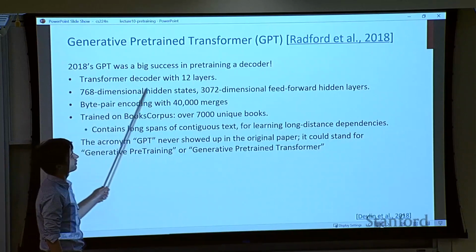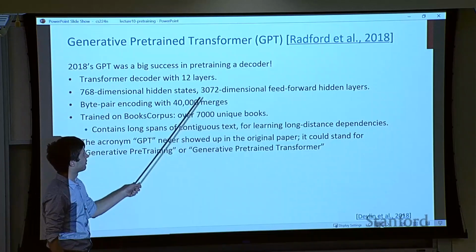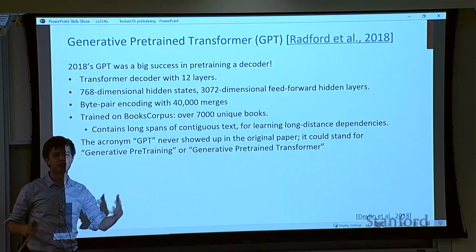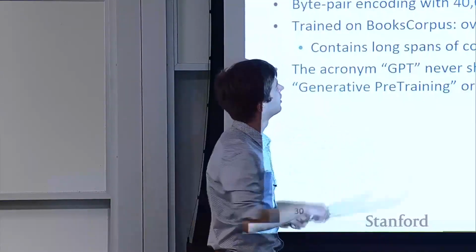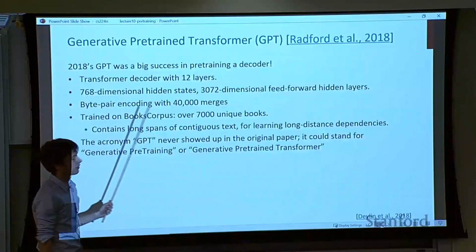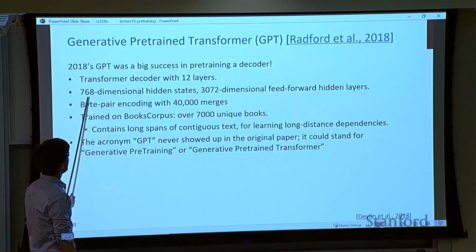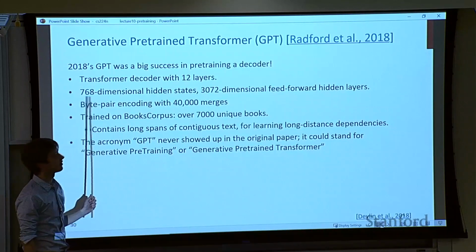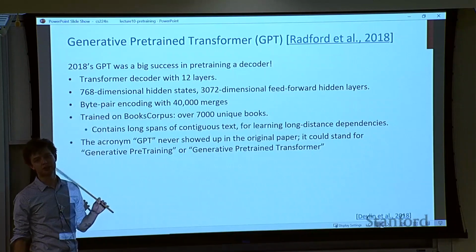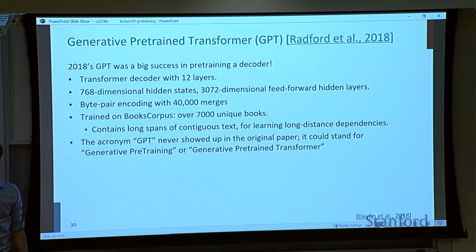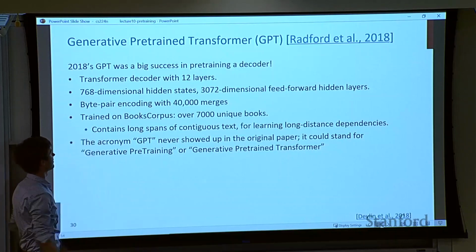It's a transformer decoder, no encoder, with 12 layers. I'm giving you the details so you can start to get a feeling for how the size of things changes over the years as we continue to progress here. Each of the hidden states had dimensionality 768. So if you remember back to last lecture, we had a term d, which was our dimensionality. So d is 768.